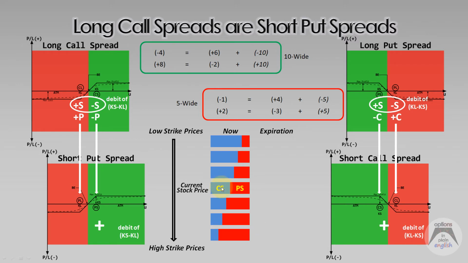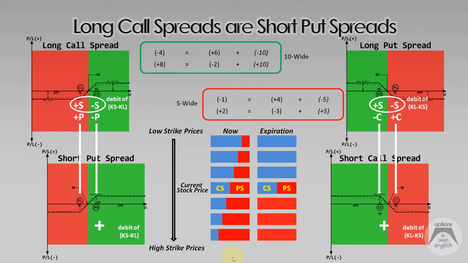Well, at expiration, let's say, for example, we have the stock price right here, and we put on a position. I don't know what we're going to put on, but let's assume that some position is put on, and the price doesn't move, and everything goes to expiration at this price. What's going to happen to these spreads? Well, those spreads are going to be the ones that are in the money for calls.